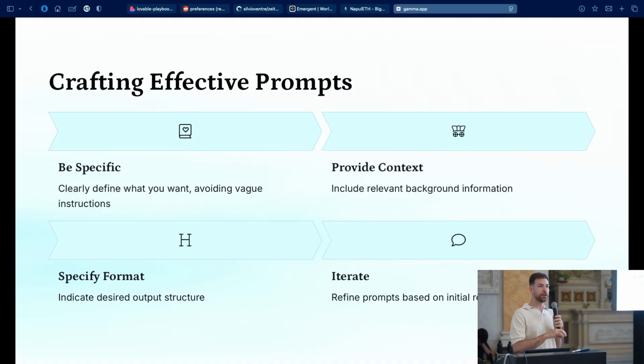If you don't like the result, you just have to iterate. One of the characteristics that we didn't talk about just before is that generative AI, it's a very interesting aspect of this technology because of the generative part.